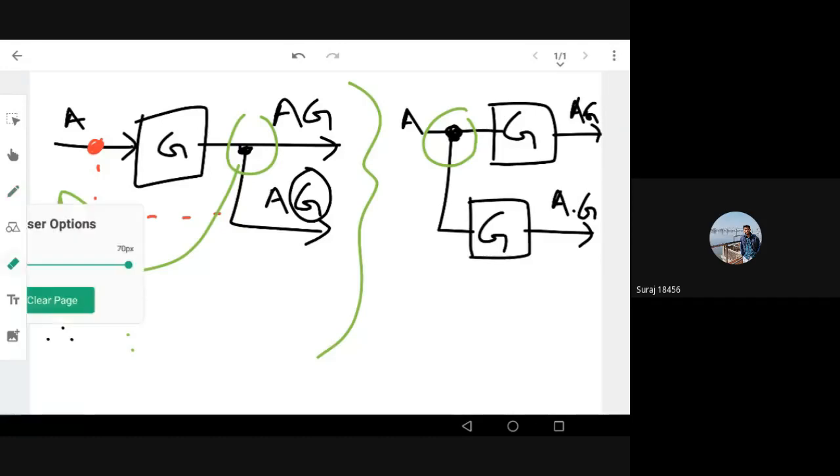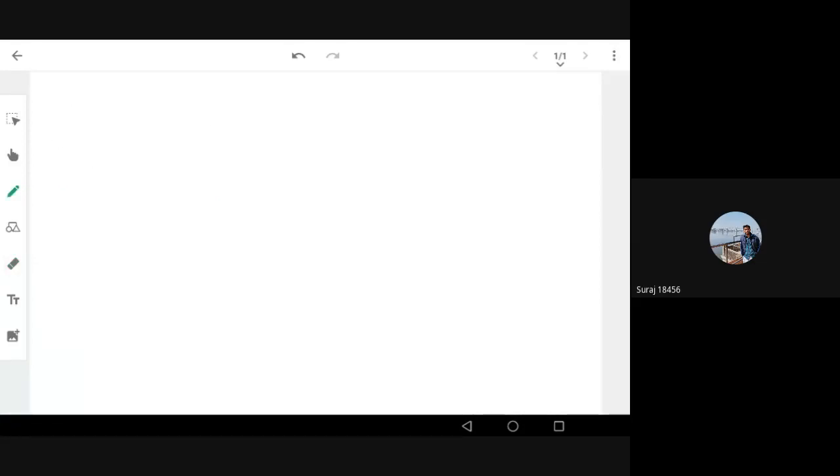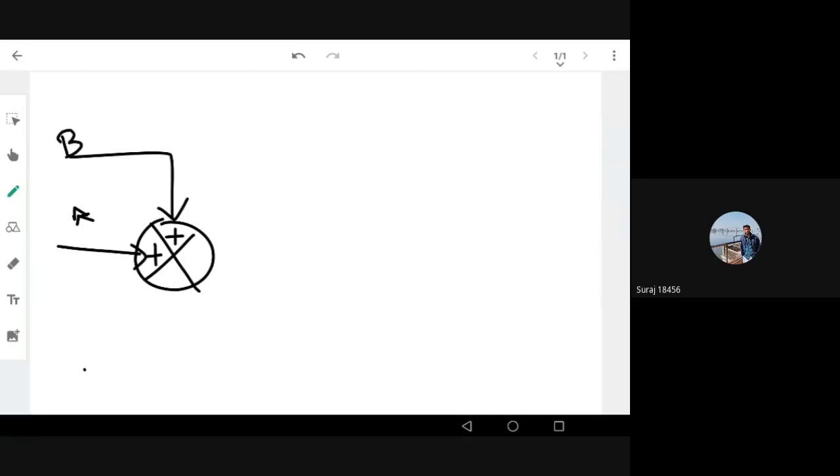Now let's do the same thing with the summing point. Suppose I have a signal A going to a summing block in addition mode, plus. Now again I have an input, say B, which is also going as an adder.